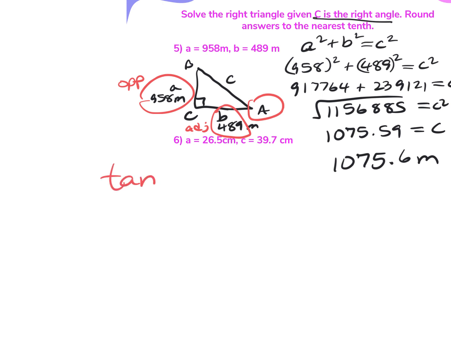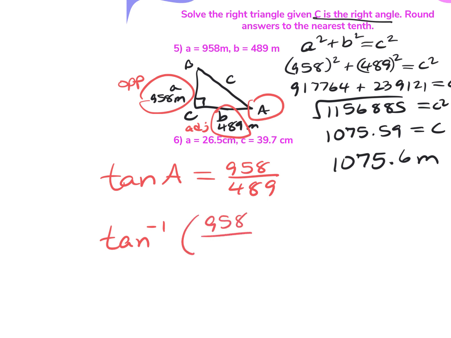So in order to find tangent of angle A, I'm going to be filling in opposite over adjacent. But on your calculator, you're going to be doing the shift key or the second key. It should open up tangent -1, and then you're either going to enter this as a fraction or as division. And then hit enter.